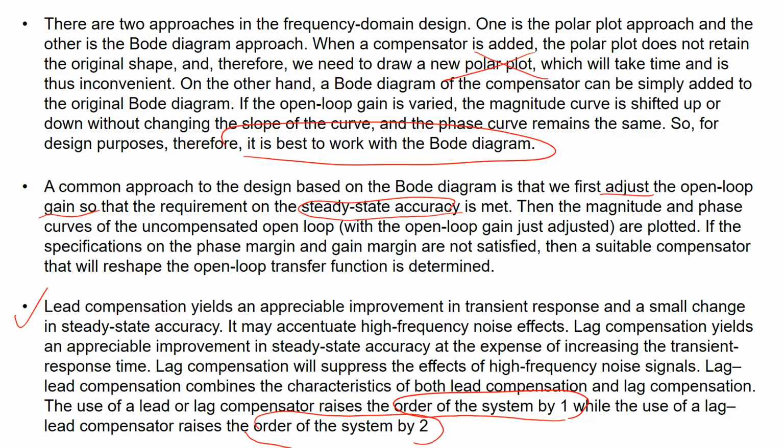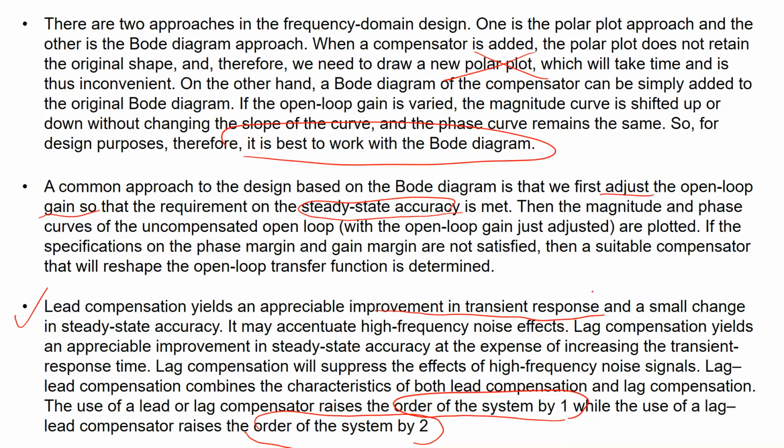Now, why is it that a lead or a lag alone might not be sufficient? Well, what's the effect of lead alone? I'll show you in a second that lead pretty much acts like a high-pass filter, like a derivative. So it makes the system faster. It improves the transient response, okay?